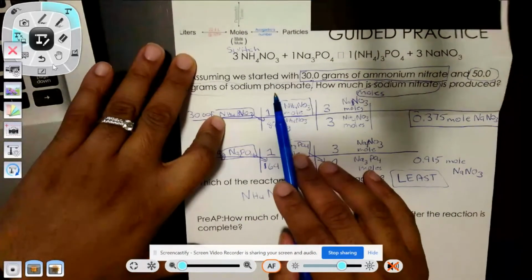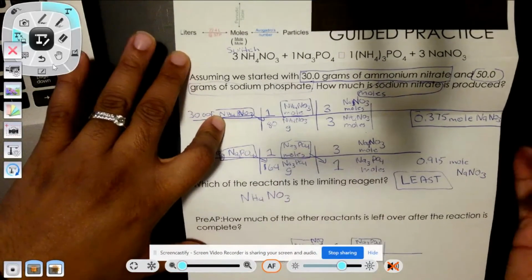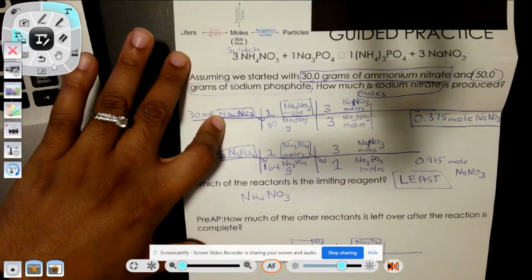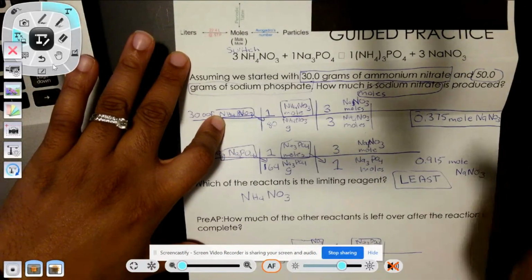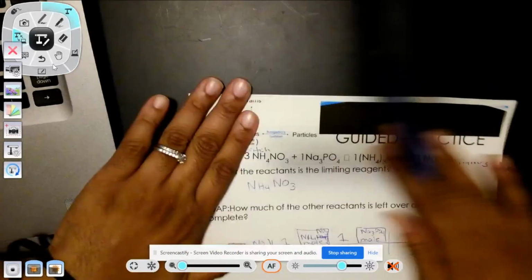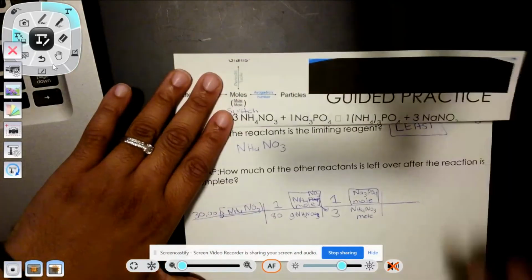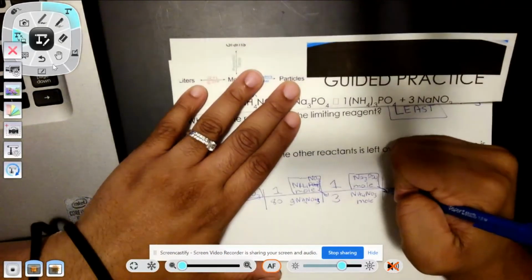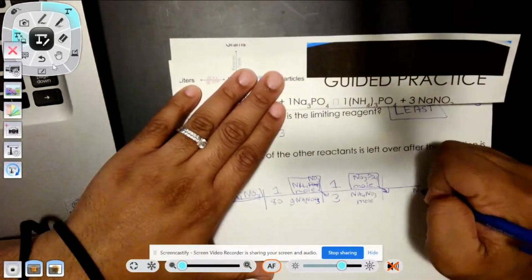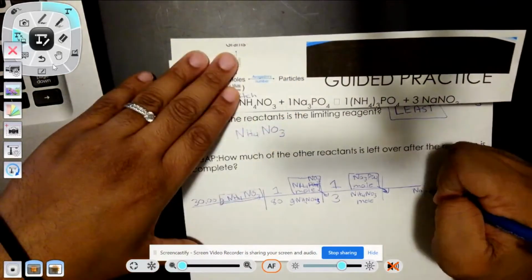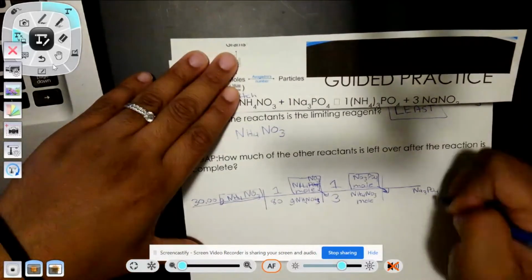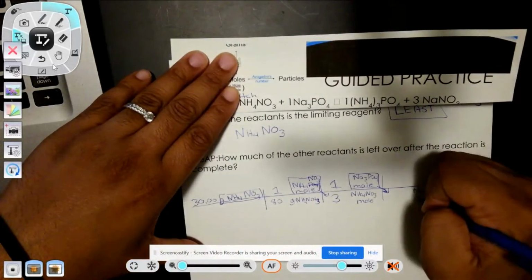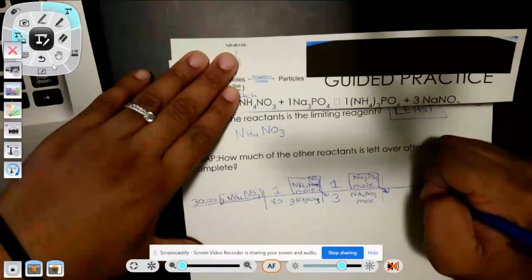So we need to convert to grams of sodium phosphate if we're going to see how much extra we have, because we want to see how much is used. So we can figure out how much extra we have. We're going to take this down and go from moles of sodium phosphate to grams of sodium phosphate.